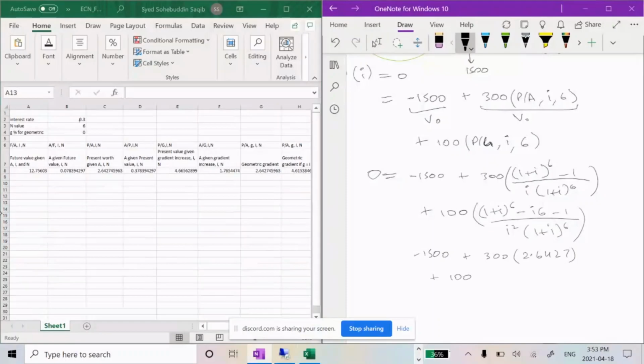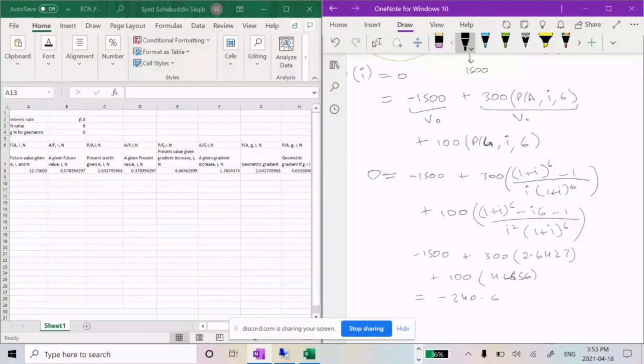Plus 100 into P/G, which is 4.6656. Now you put this into your calculator and check what you get. Minus 1500, plus 300 into 0.6427, plus 100 into 0.6656. You get negative 240.6.